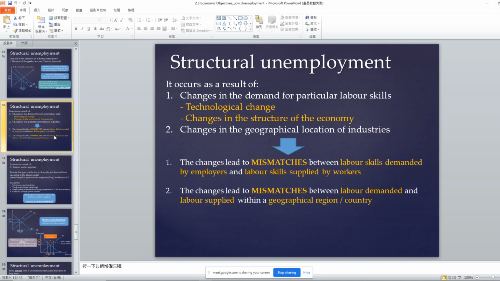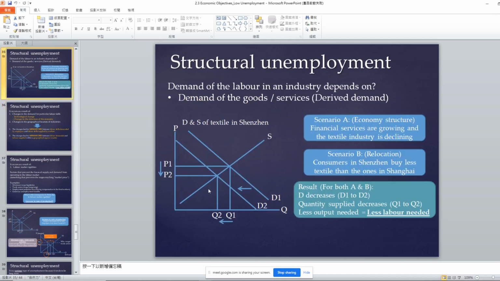Okay, all right. And I can tell you for structural and cyclical, we have some diagrams to draw. So for structural, once again, very quickly, you can just simply draw a demand and supply curve for a particular industry, or for a particular good or service.